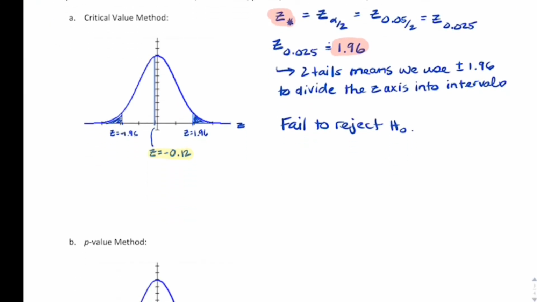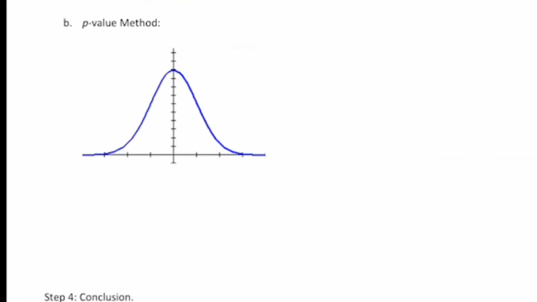All right. Now, the p-value method, we need our alpha level. So remember that alpha was equal to 0.05. And again, our test statistic was that Z was equal to negative 0.12.